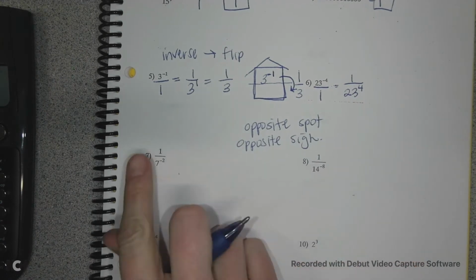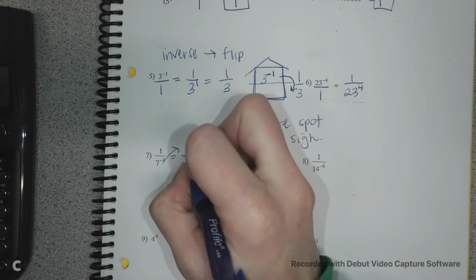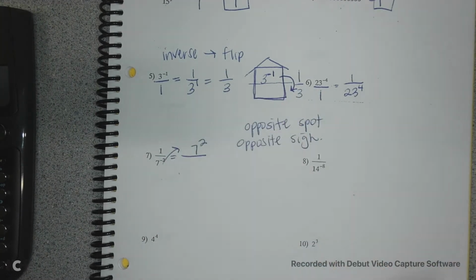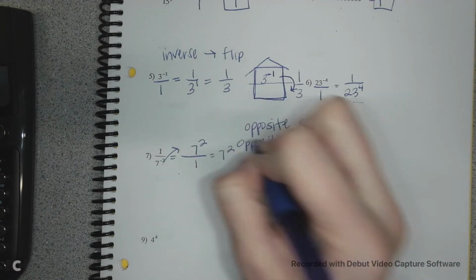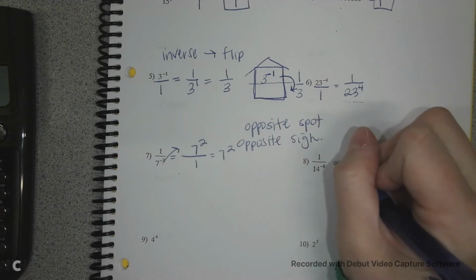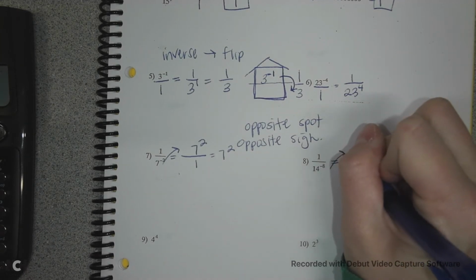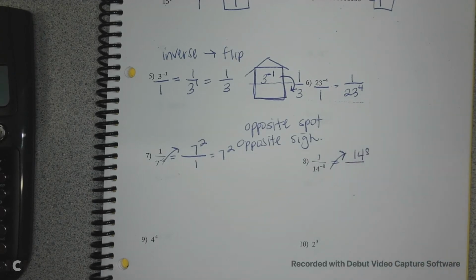Now these guys are already downstairs, so if we move them up, they have an opposite sign. And you could put a 1 under it, or you could just leave it as 7 squared. The same thing with number 8. He's downstairs, so if we move him up opposite, then he ends up with a positive.